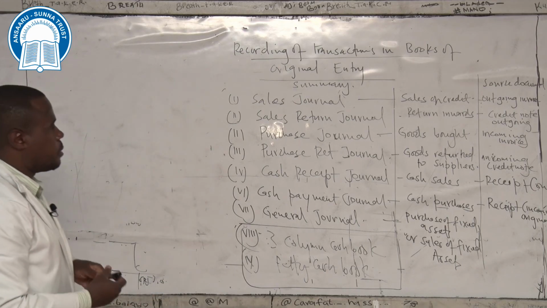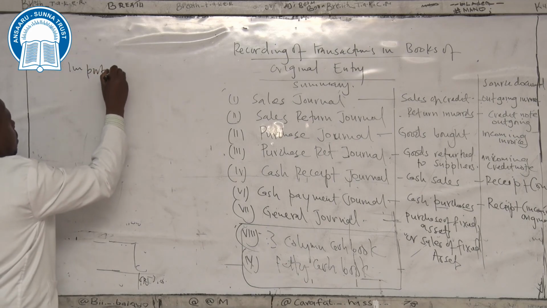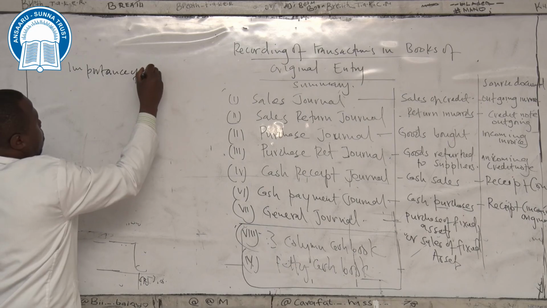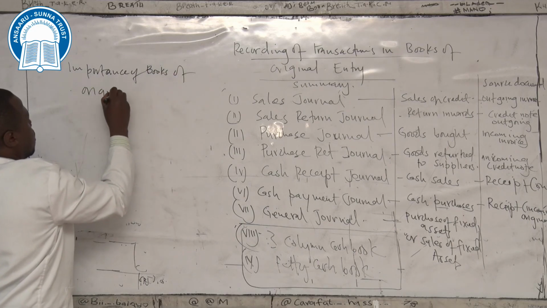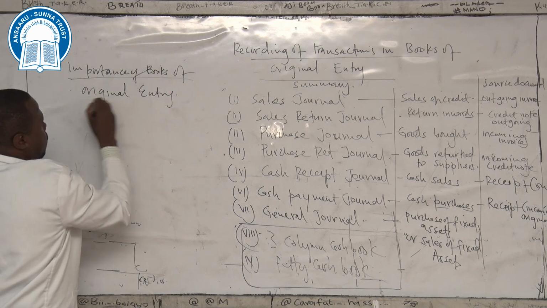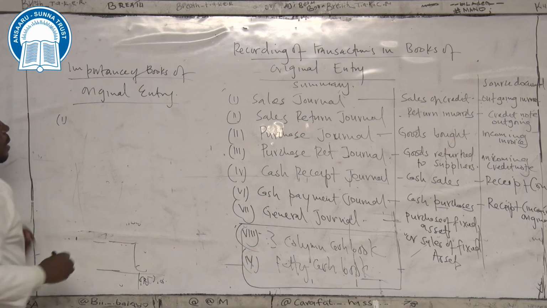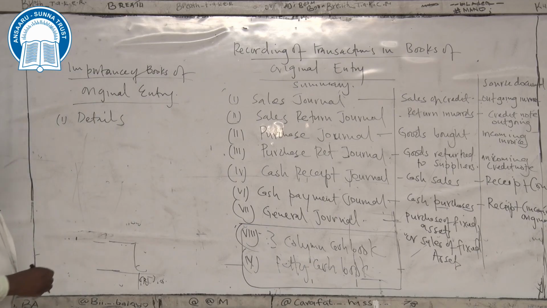So what is the importance of books of original entry? One is that it gives you the details of the transaction.